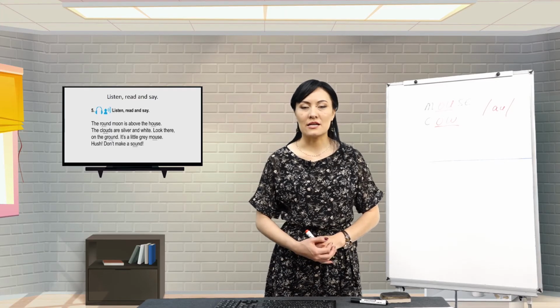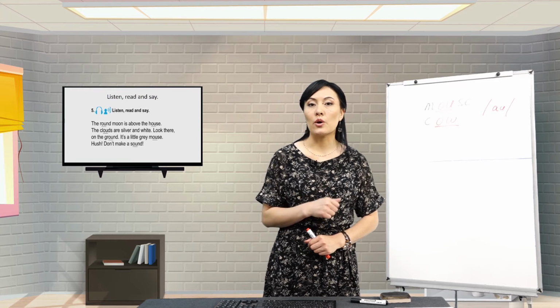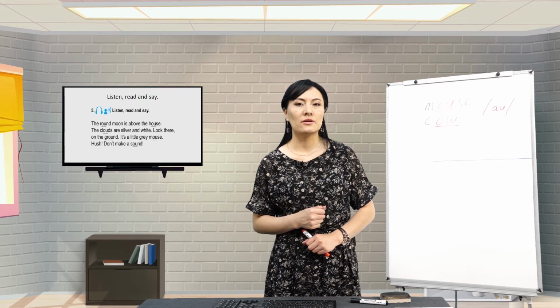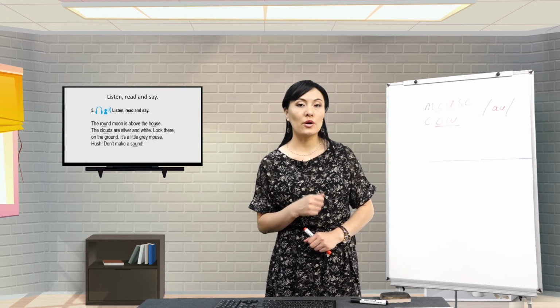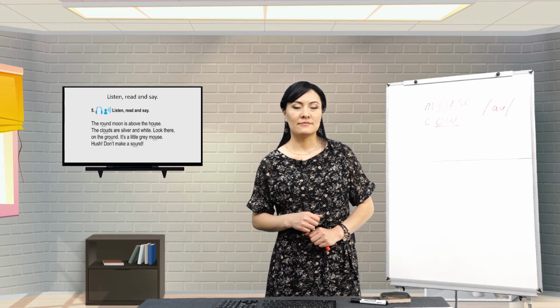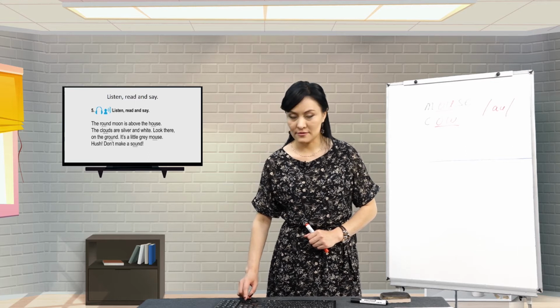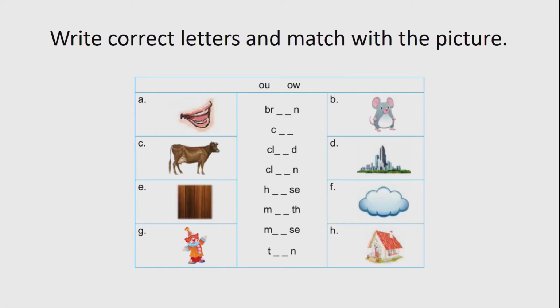In the next exercise, you write correct letters O-U or O-W. For example, clown. What do you write, O-U or O-W? Yes, it's O-W. Do this exercise individually first. Okay, we can check together. A, it's mouth. B, it's mouse.